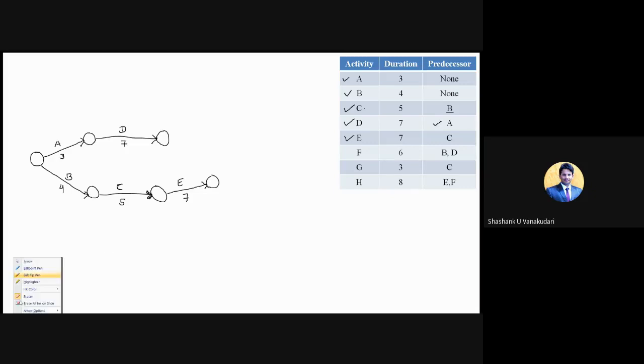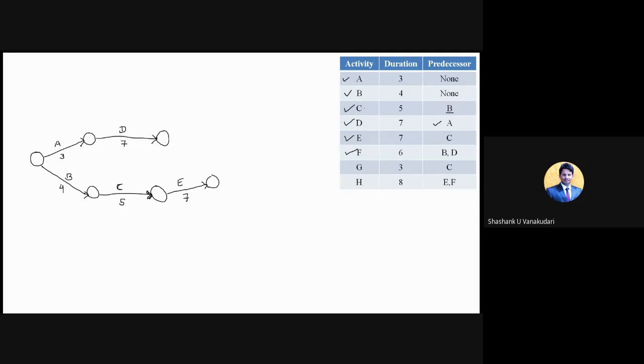Now the most important thing, the F activity. Here F has two predecessors, meaning F has to start after finishing B and D activities. Activity B is here, and activity D is here. I am considering the nearest activities, so the arrow should go further.